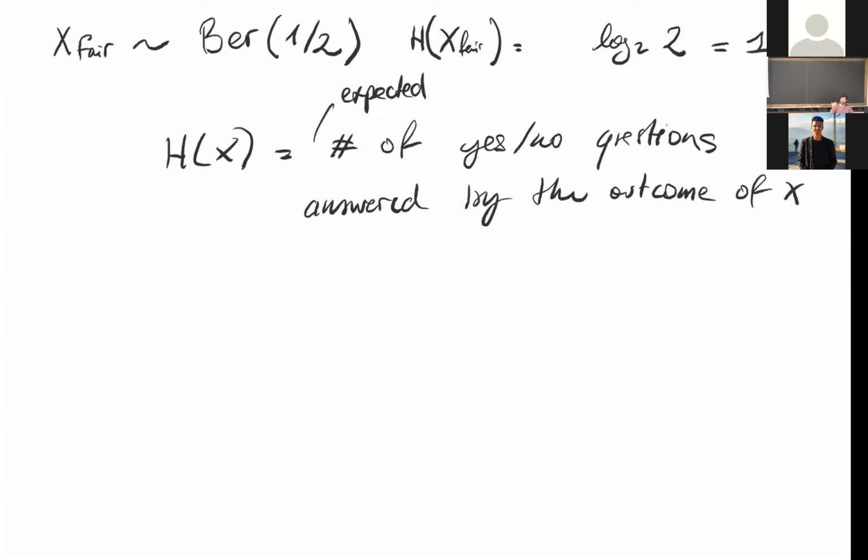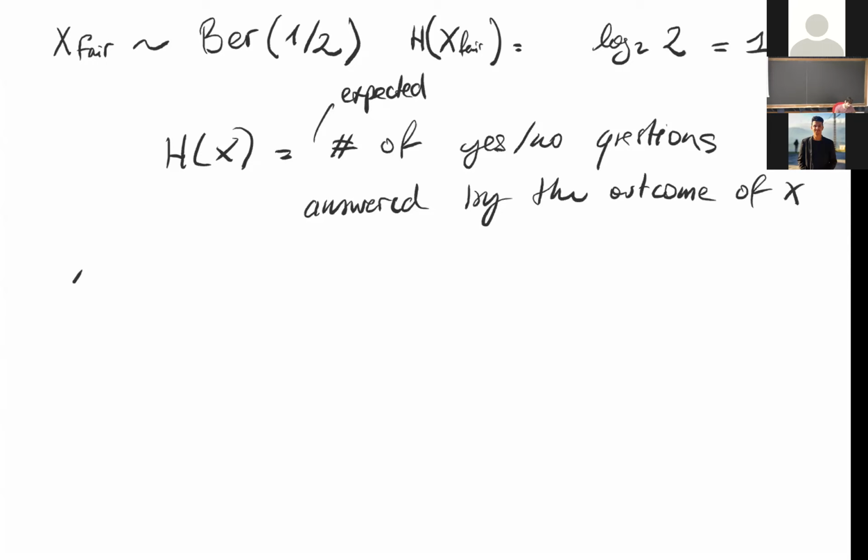Or if I place myself before, and you know the answer, we just repeat the same thing. Okay, it's clear what I said? But now if you write the entropy in log 3 base, for example, it would be the number of questions with 3 possible answers that have been answered.